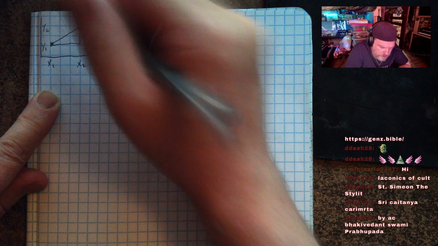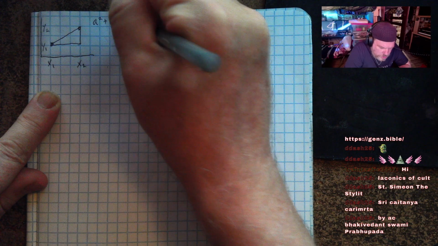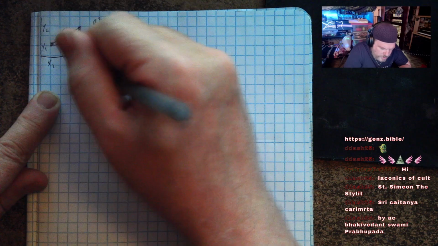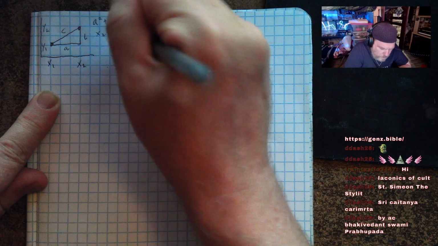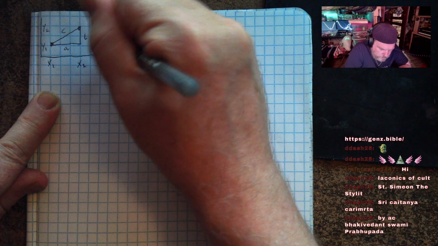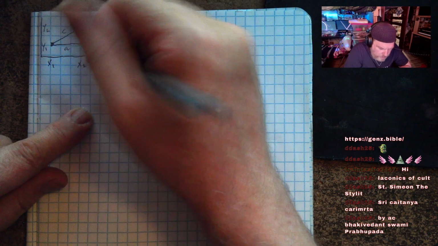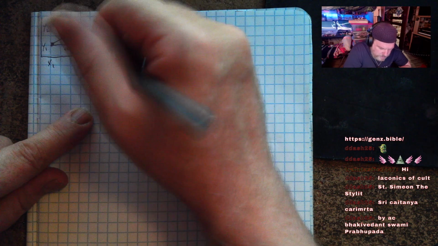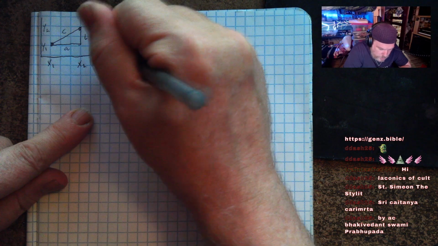Since a squared plus b squared equals c squared, we call this A, this B, and this C. We see that x2 minus x1 equals A, and y2 minus y1 equals B. C is the distance, the square root of c squared.